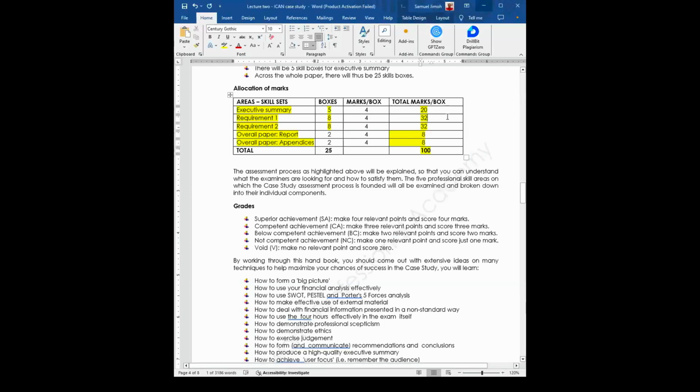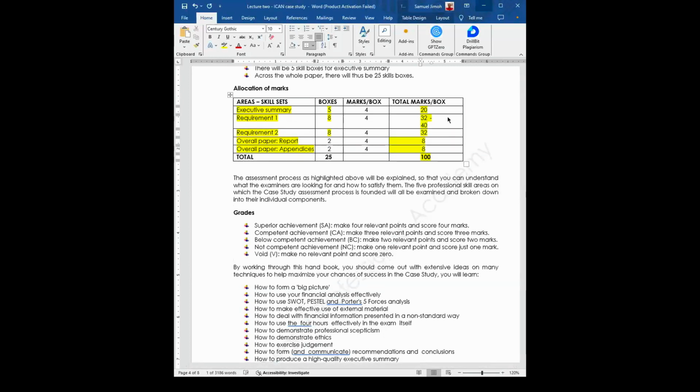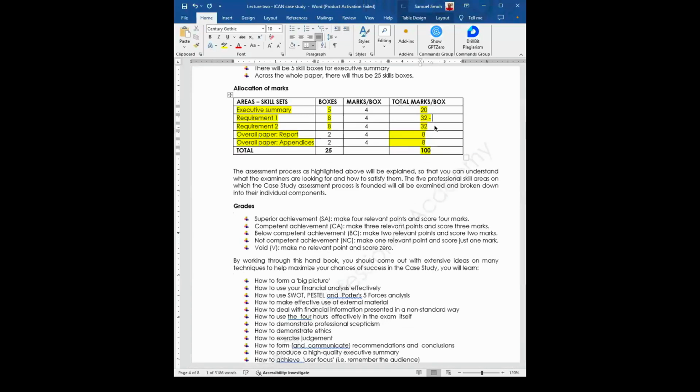When you answer requirement 1 alone, you score about 40 marks. Requirement 1 alone is 40 marks. Requirement 2 is 40 marks. So if you are able to write requirement 1 very well, you have already passed the exam.